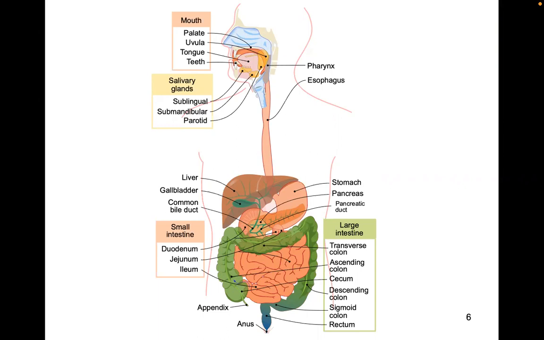By denature, I mean the shape of the protein changes so it no longer functions right, but that's important for helping us break it down into smaller bits. It also inhibits bacterial growth and things like that. And all of that, and water, makes this mush that's easier for us to break apart later on. And there are some enzymes that start the digestion of proteins in there, okay? So that's now called chyme.